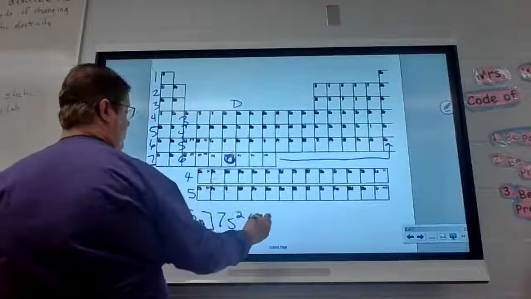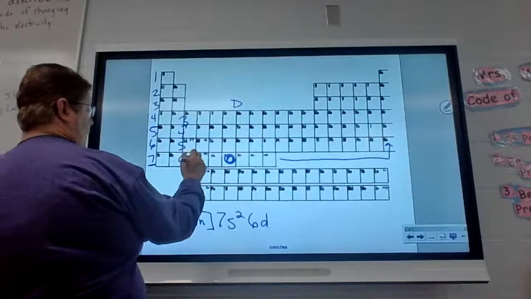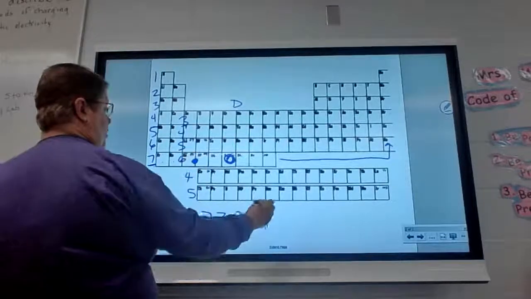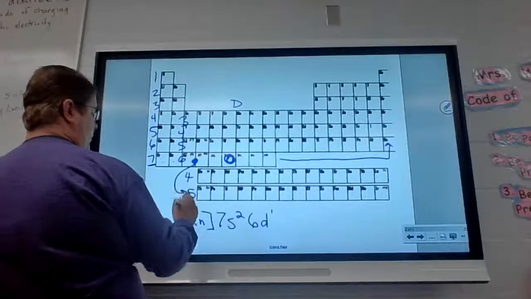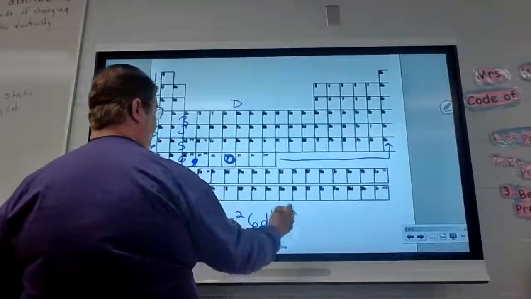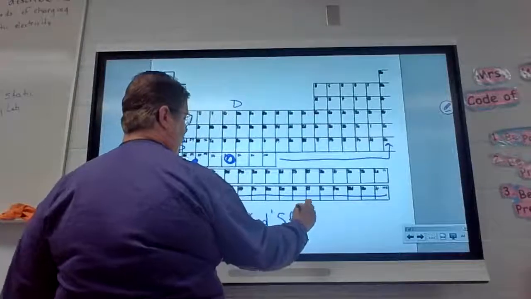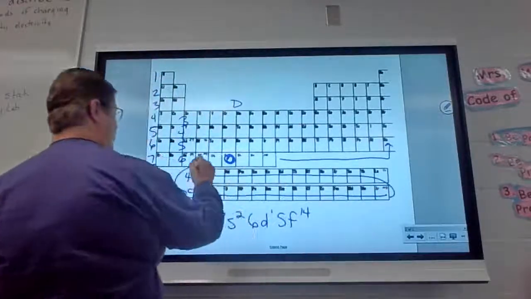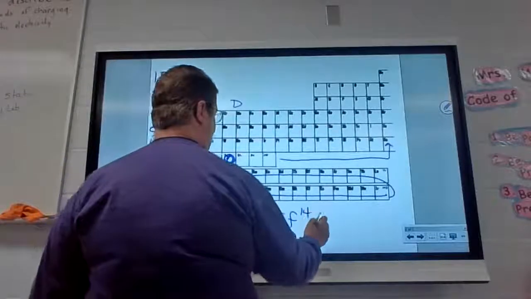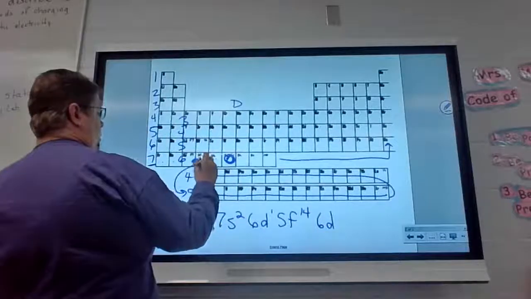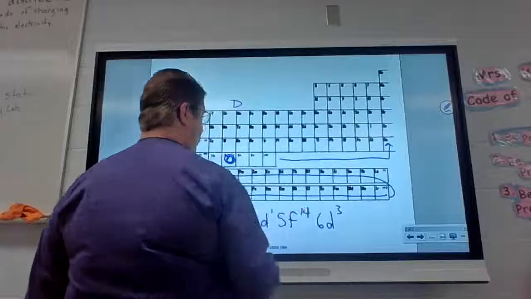This is d. So d, how far before I hit the little circle? 1. Down, we hit 5f, all the way across. So that's 14. Back up to the little circle. And I have 6d. How many more? 1, 2, 3. So 6d3.